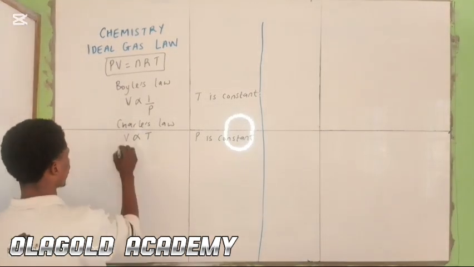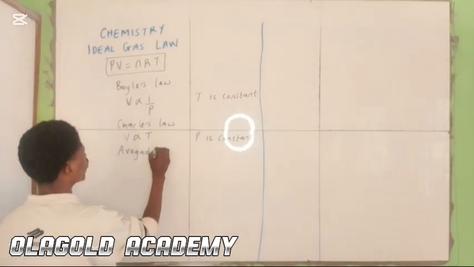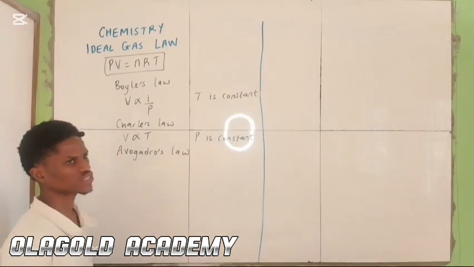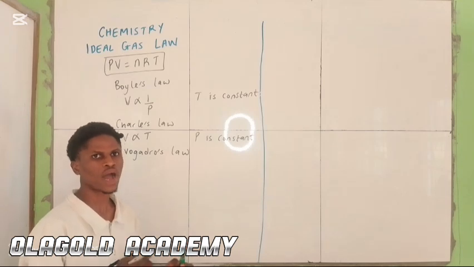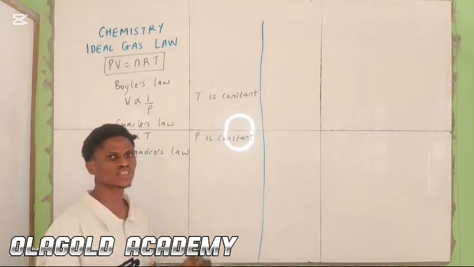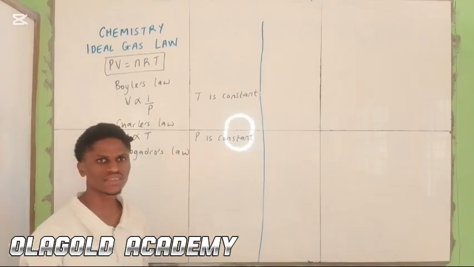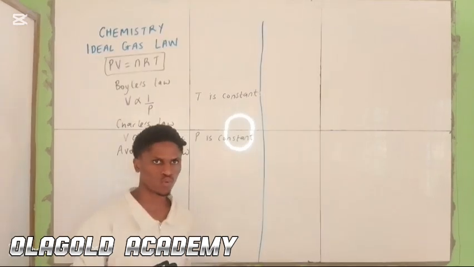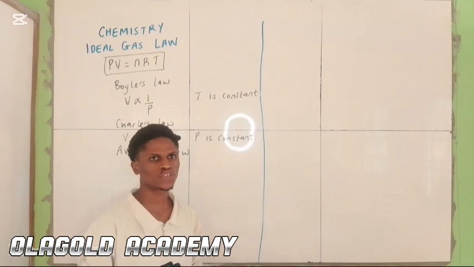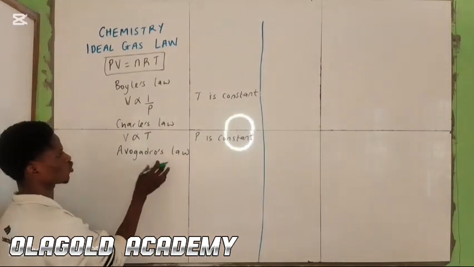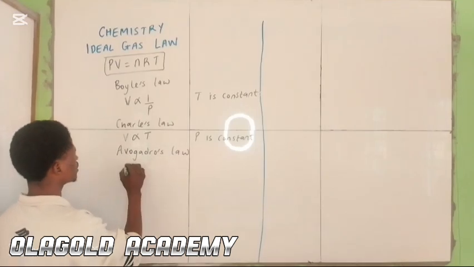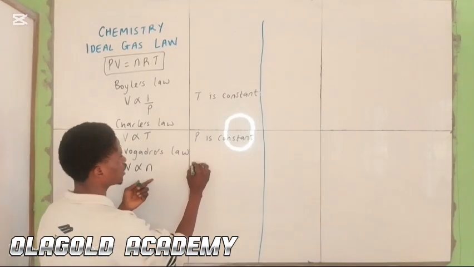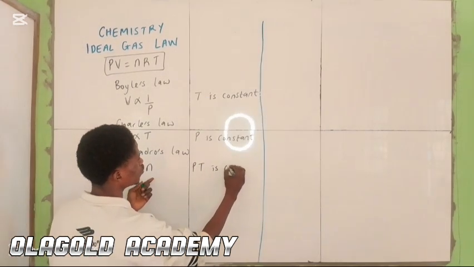Lastly, for Avogadro's law, equal volumes of all gases under the same conditions of temperature and pressure contain an equal number of molecules, meaning that the volume is directly proportional to the number of moles, provided that temperature and pressure remain constant.